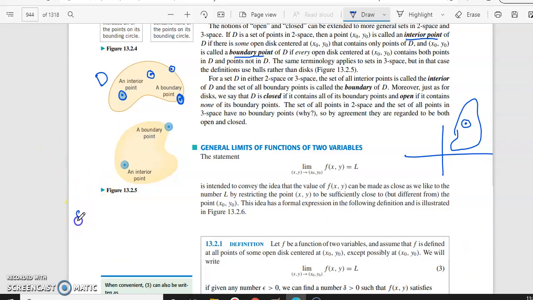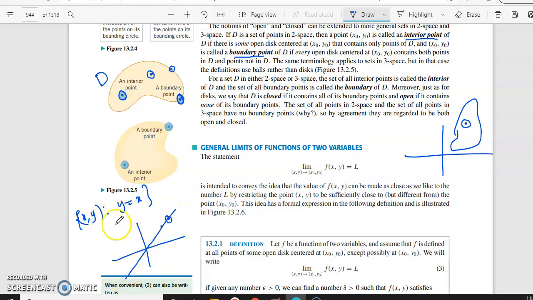If for example you take the set of all xy such that y is equal to x, then our set is all the points that lie on the line y equal to x. Whichever point you take in this set, you can see that it will contain points inside the set and points outside the set. That means all the points in this set are boundary points.